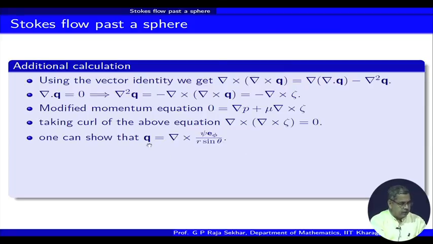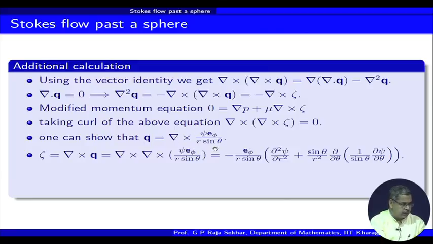One can represent velocity in terms of the stream function using this. This is nothing but u_r, u_theta, whatever definitions we have, we get exactly this. We will see what we get if we expand, but for the time being assume that q can be written like this. Therefore, if you take the curl for vorticity, you already see the E squared, the Stokes operator, that we have. But what is the Stokes equation? It is 2 times curl.